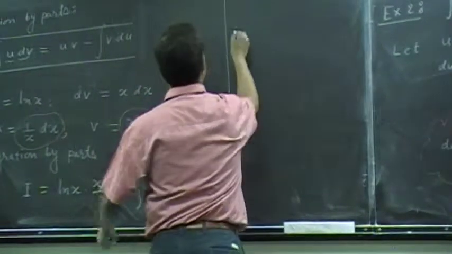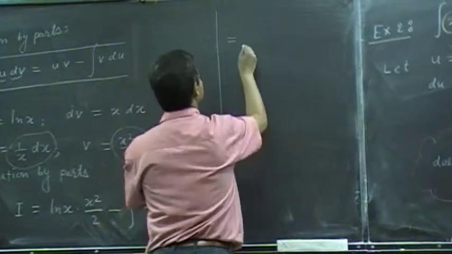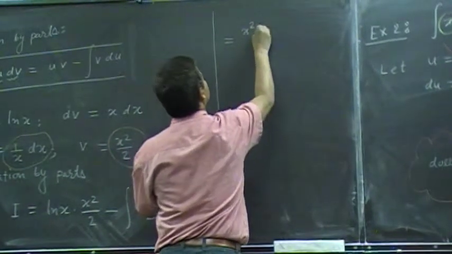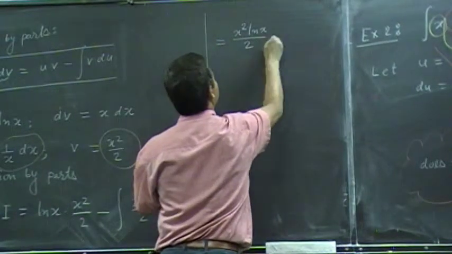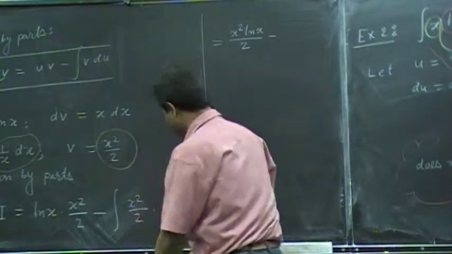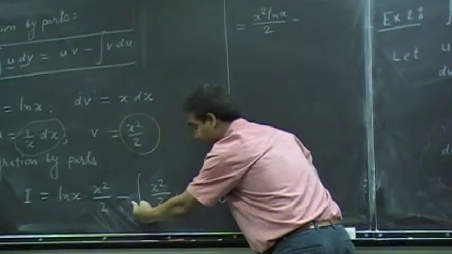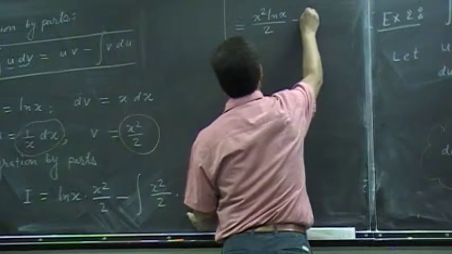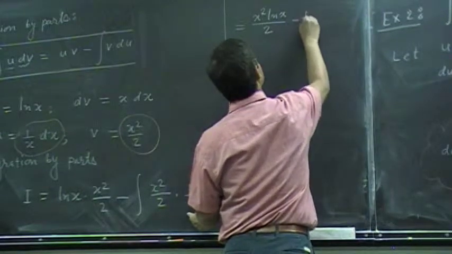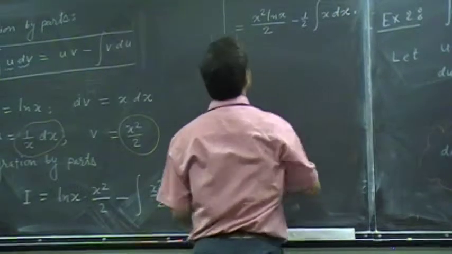That equals x squared over 2 ln x. Let me write x squared ln x over 2 minus, this is a constant and we can pull it out, right? Then we are left with x squared over x, that is x dx. So if I pull out the 2, then I'm left with x dx in the integral sign.